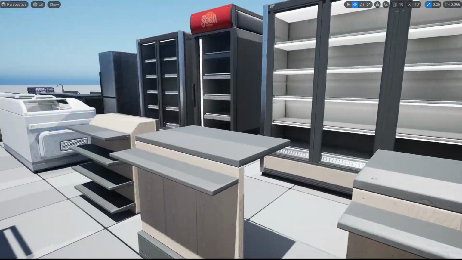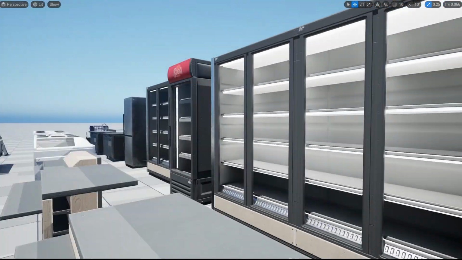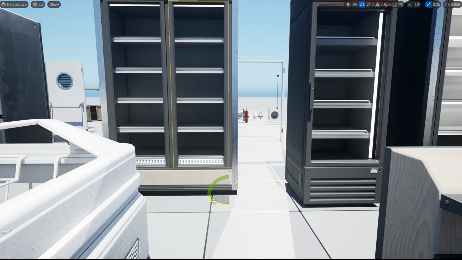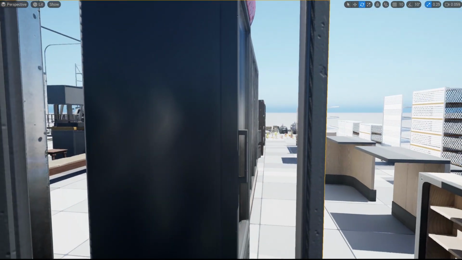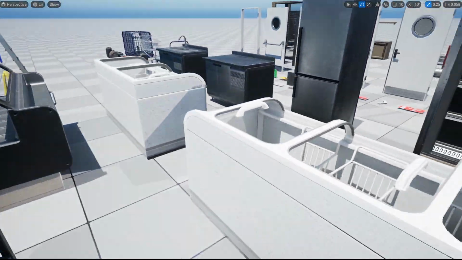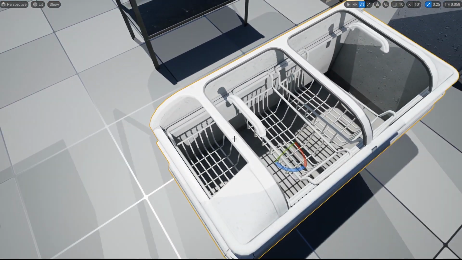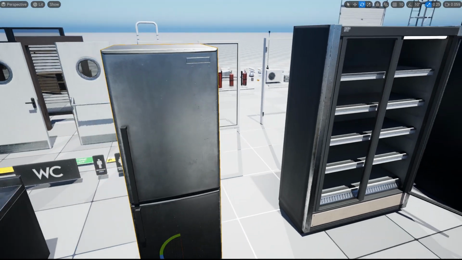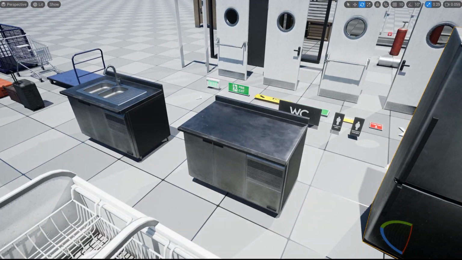Got other shelves, fridges. And by the way, most of these have separated functional parts for the doors, like these, but not for these horizontal types, and not for the fridge as well.